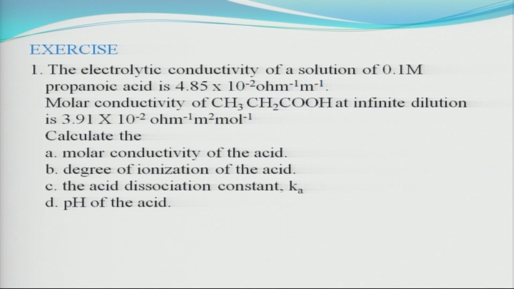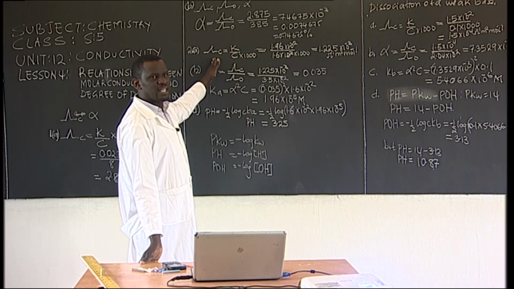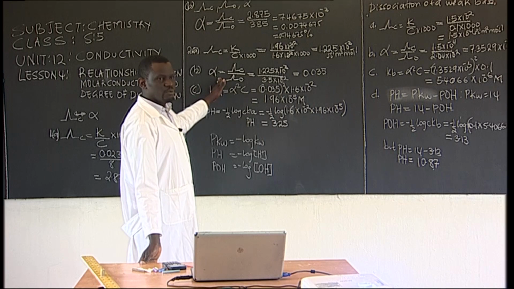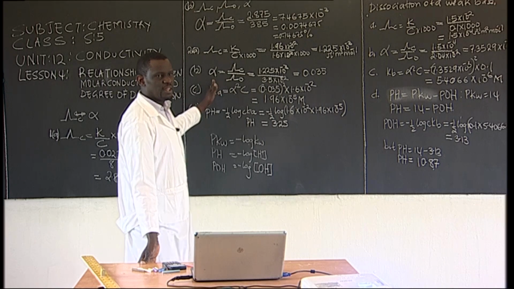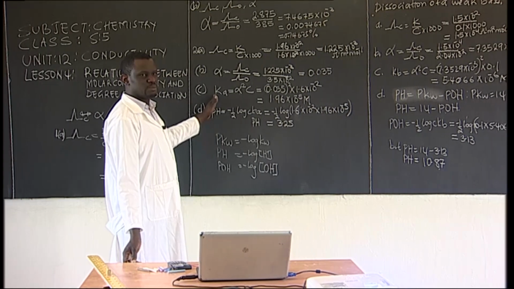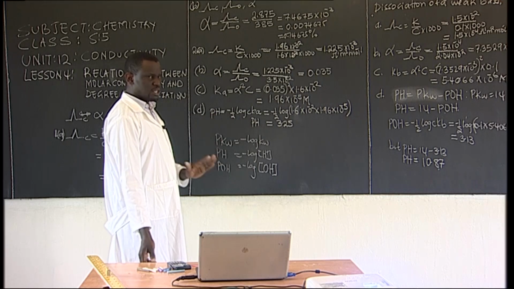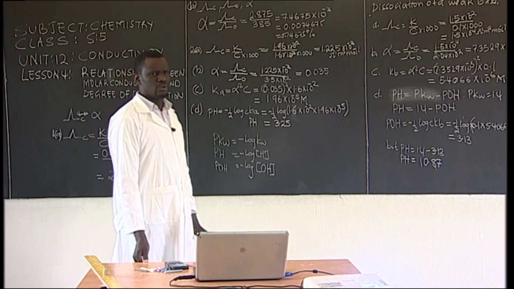Calculate the molar conductivity of the acid. Then the degree of dissociation, then the acid dissociation constant, Ka. I told you we shall prove this, especially when we study in senior 6. Then pH also. I think it's very easy. You will not fail.